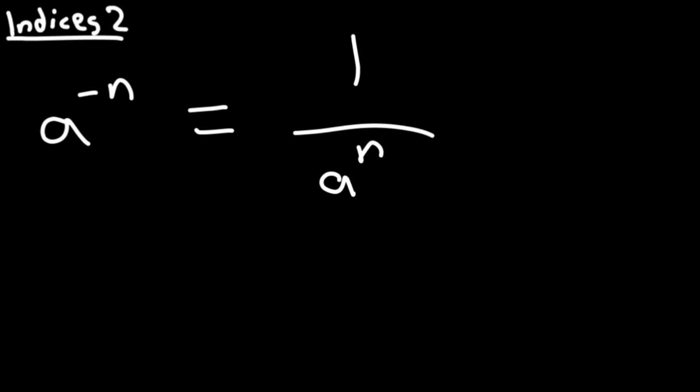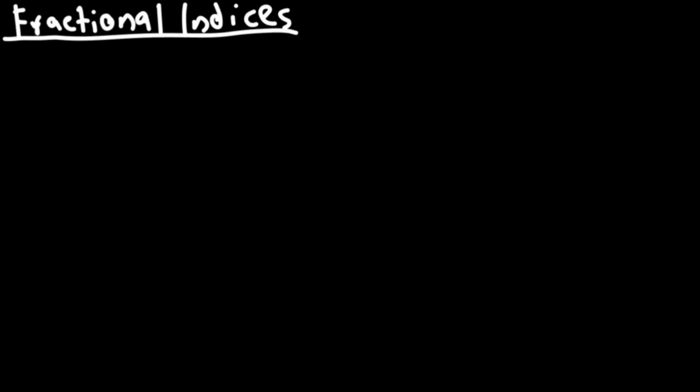Now let's move on into Indices 2. The first thing we're going to take is fractional indices, which is when a number is to the power of a fraction. So if I have 16 to the power of a half, what do we do here?